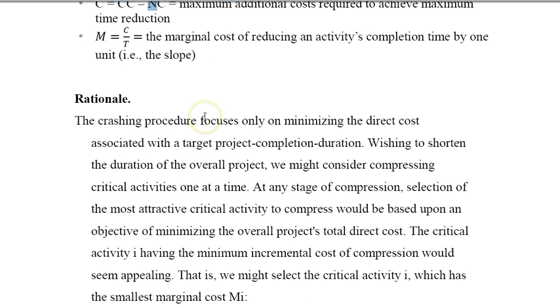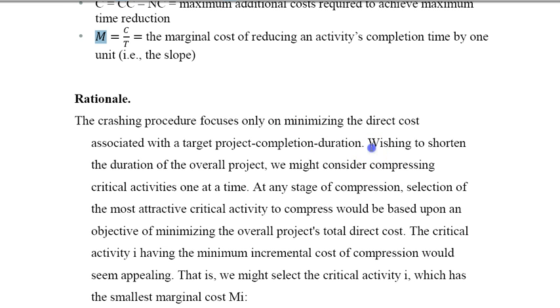The rationale for this is that the crashing procedure focuses on minimizing the direct cost associated with a target project completion time. So I want to spend money on reducing the activity durations in order to achieve a minimum project duration. The idea would be to pick those activities with minimal marginal cost, because these are the ones that cost the least to reduce the project duration.